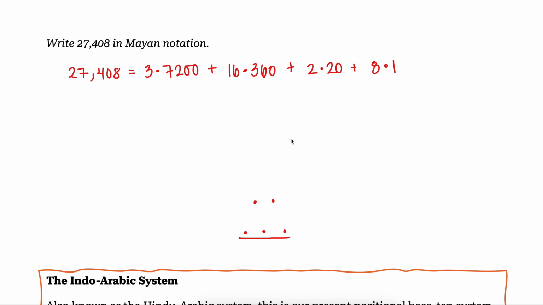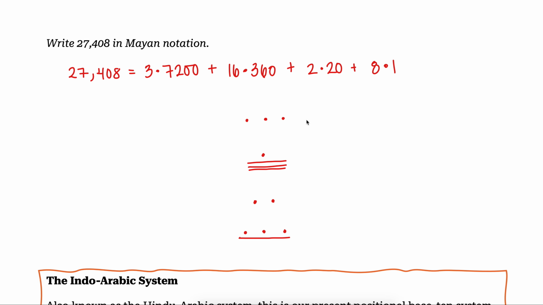Then we have 16 360s. So there's 5, 10, 15, and 16. And then 3 of the next place value, 3 7,200s place. So there you have 27,408 in Mayan notation.